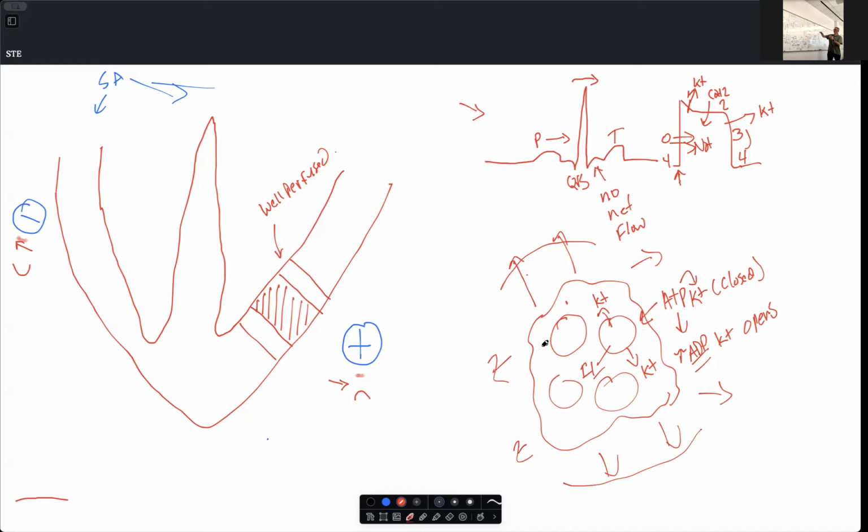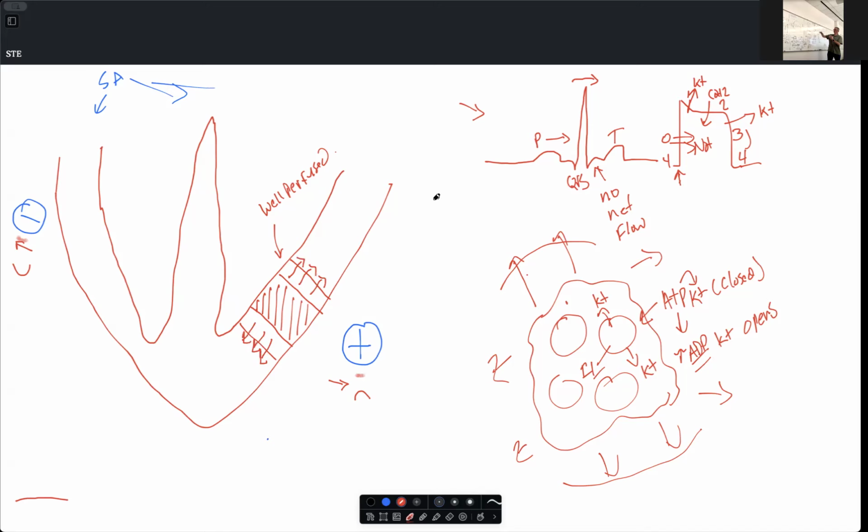And the only direction that current can go is toward healthier areas of the heart. And so that produces a quote unquote current moving out in this direction here. All right. And if you look at that, that current is moving, generally speaking, away from the positive electrode, right?